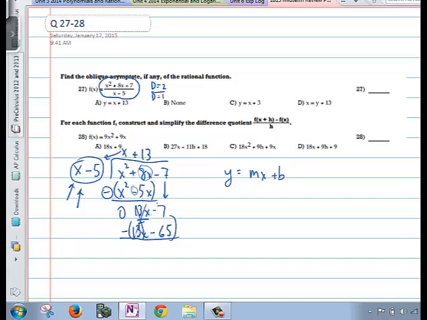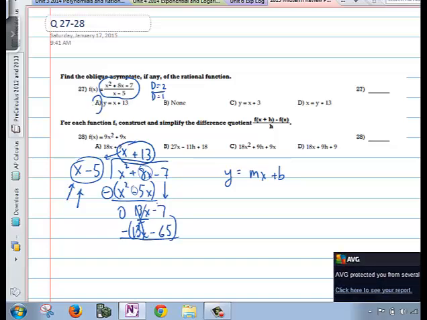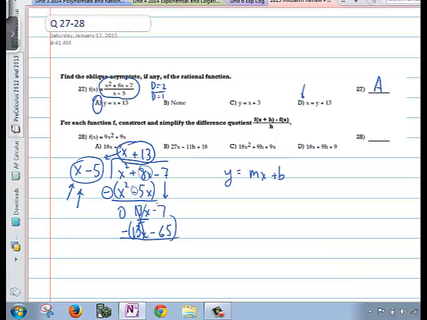And now we end up having our equation of the oblique asymptote is what's on top here, and that would be x plus 13. So look at answer A is correct, but they're trying to trick you with answer D. So we would put answer A, and that would be what our oblique asymptote equation would be.